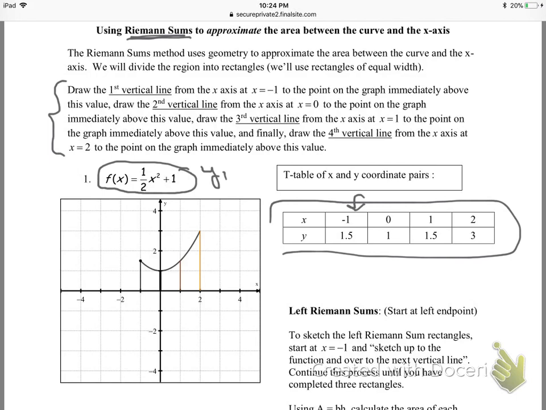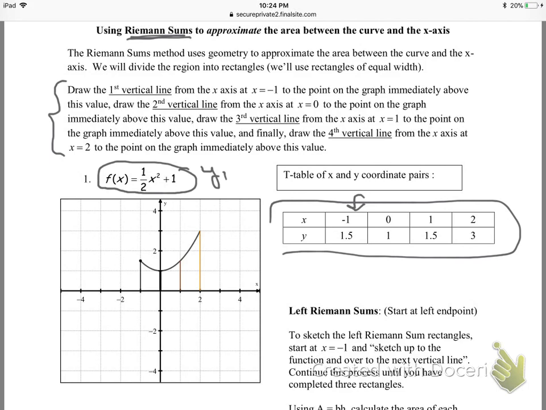Your change in x is going to be 1, so delta x is 1. The other two questions should be auto, then go to second table, and you should be able to see where I got these y values. The y values are very, very important.